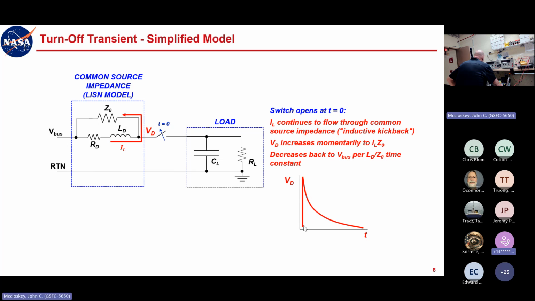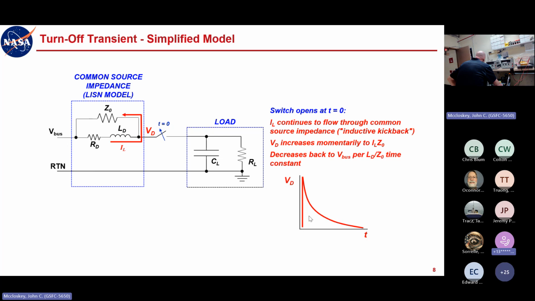Okay, so that's what gives you a sharp positive going transient, that initial inductive kickback of that current finding some impedance, and it's going to drive this potential to whatever it needs to be to keep that current flowing until the field starts to collapse in the inductor. Okay, so it's just going to be whatever that starting current is times the impedance it finds.